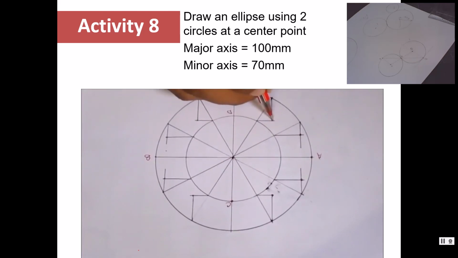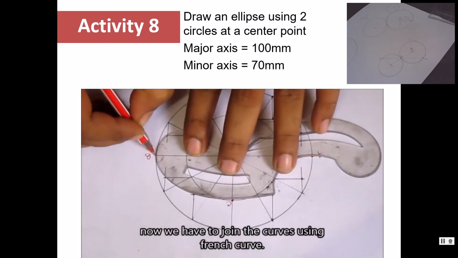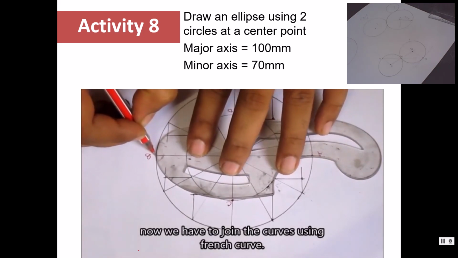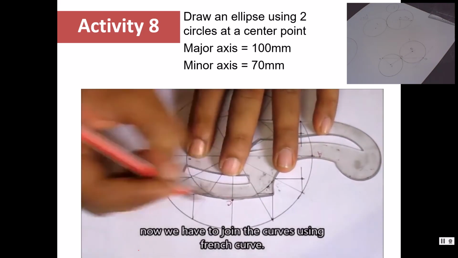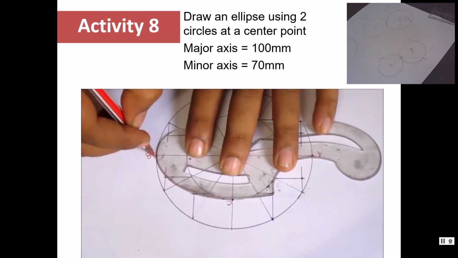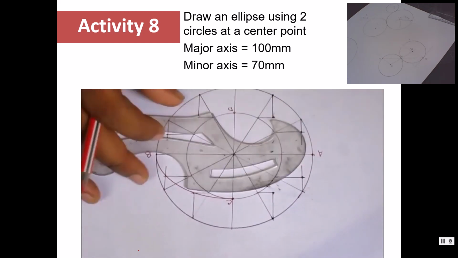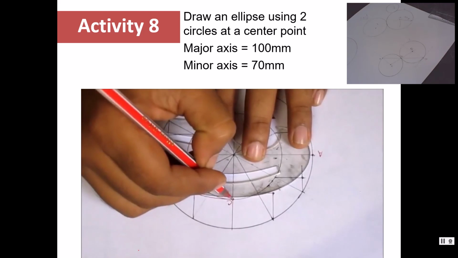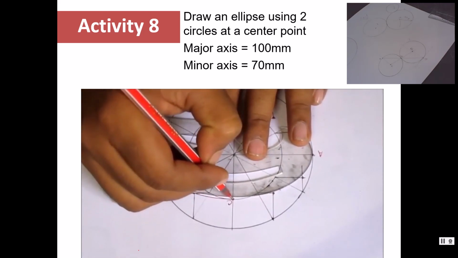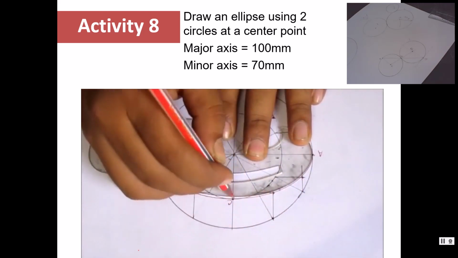Okay, so you can see here, he determined the point of where the ellipse should be connected. If you have this French curve, you can use this in order to draw the curve. However, it's okay if you don't have it, you can just draw it by using your bare hand, just connecting the dots slowly.